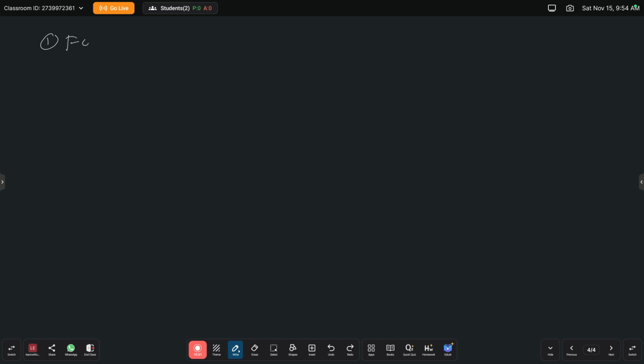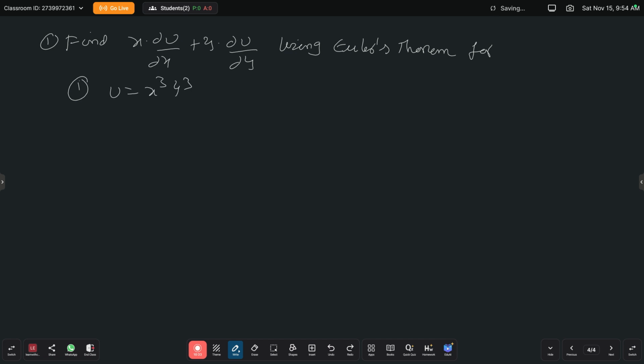The first one: find x into dou u by dou x plus y into dou u by dou y using Euler's theorem for the functions. First one, u is equal to x cubed y cubed by x cubed plus y cubed.